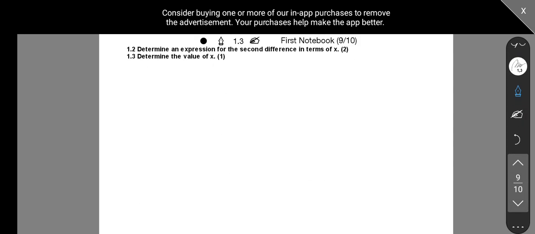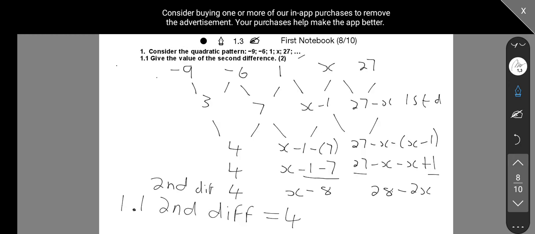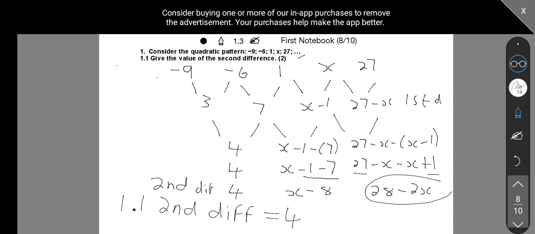So here they say determine an expression for the second difference in terms of x. You see, now they are talking about an expression. So our expression in this case will be one of the two between x minus 8 and 28 minus 2x. Both of them are expressions. When they say write an expression, it's any term that has a letter inside. So we're going to say x minus 8 or 28 minus 2x.